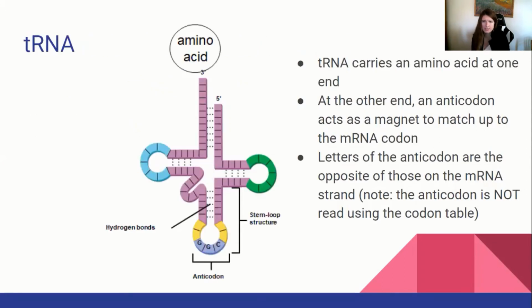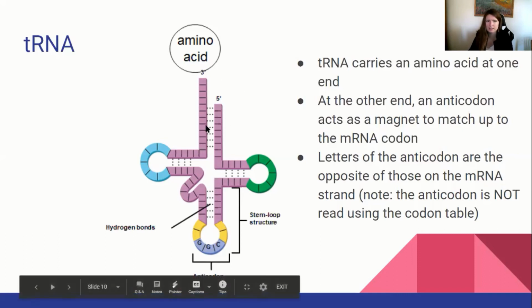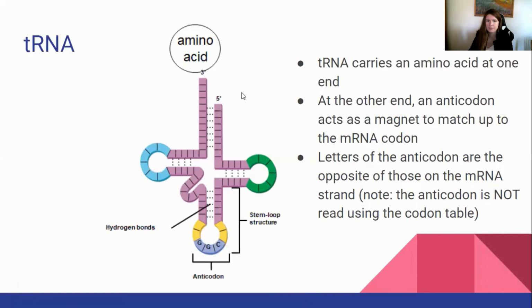So let's take a look at tRNA, that car or boat that's going to ferry over amino acids. tRNA looks kind of like a cross or a lowercase t, but what we're really focused on is the 2 opposite ends of our tRNA. At one end, our tRNA is going to carry its amino acid.